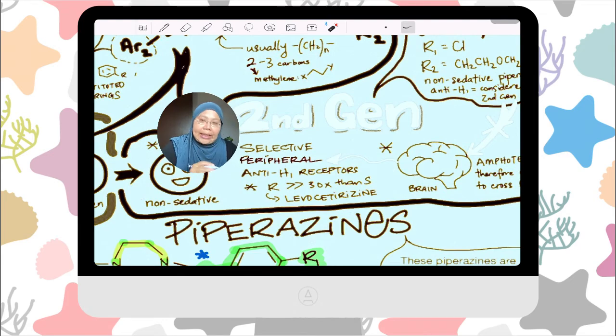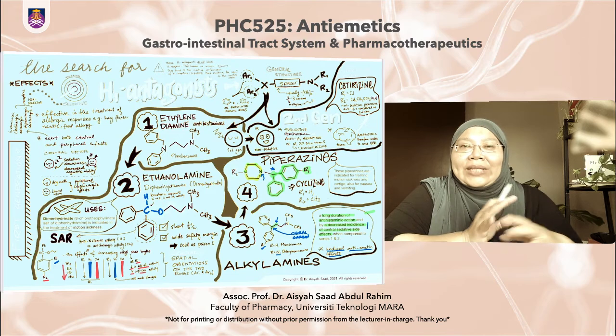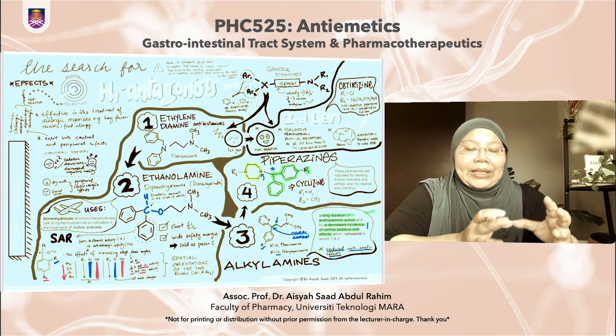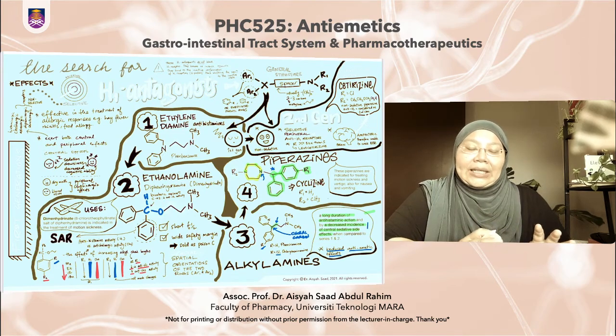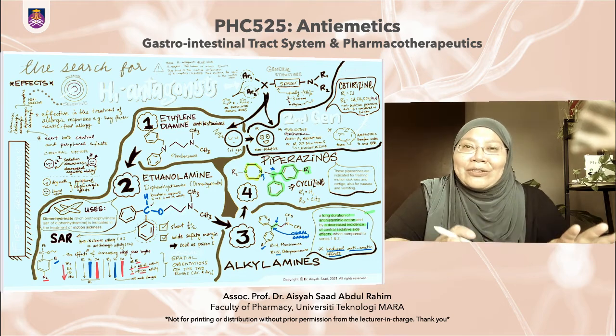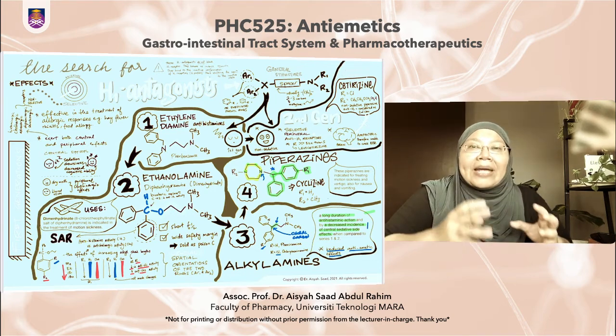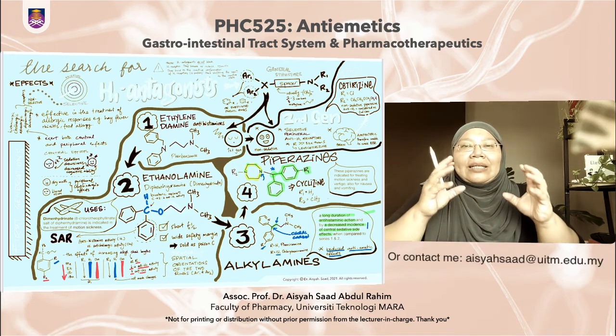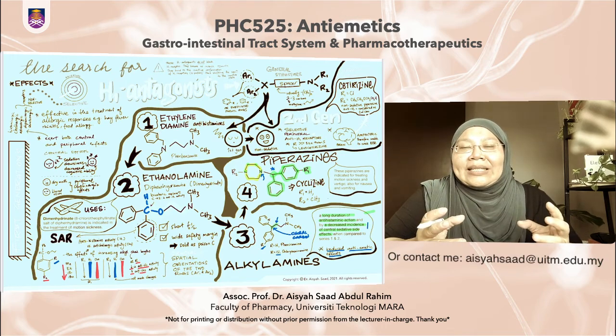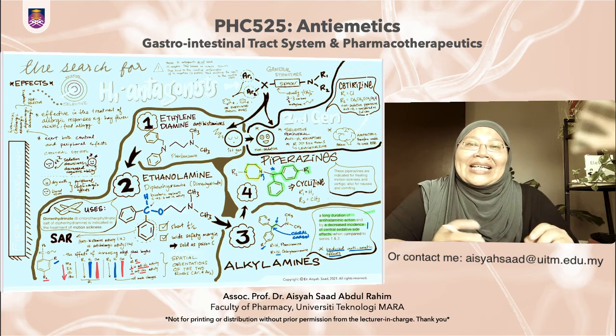So now they have marketed it as levocetirizine. With this video lecture, I hope you go through the notes again. If you find this a bit confusing, because these are my notes, please make your own notes in a form that you would understand. I'll see you in the next video lecture.